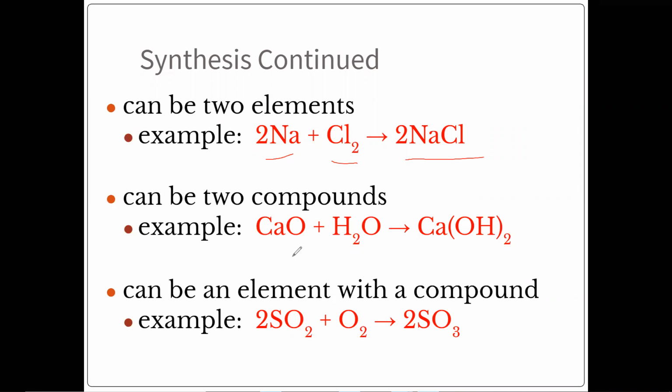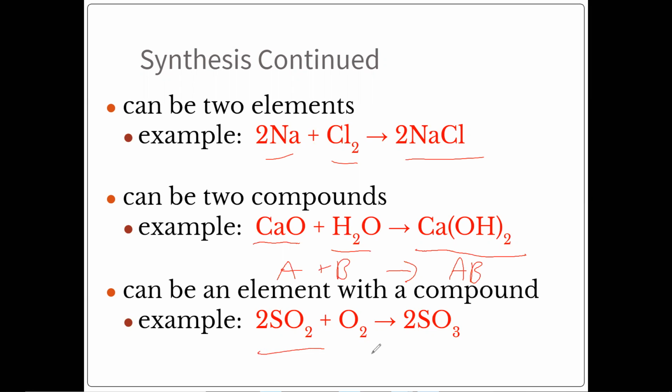You could also have 2 compounds. In this case, we have calcium oxide and water reacting to form calcium hydroxide. So that one's a little bit less obvious. It's not a clean A-B situation, but there's elements of both things in that product. A plus B equals some combination of A, B. You could also have a compound and an element reacting to produce a different compound.